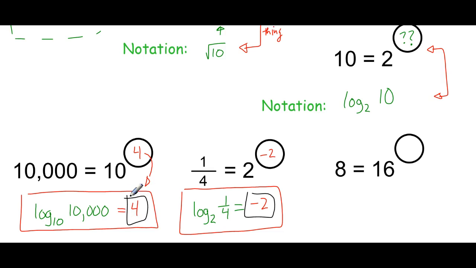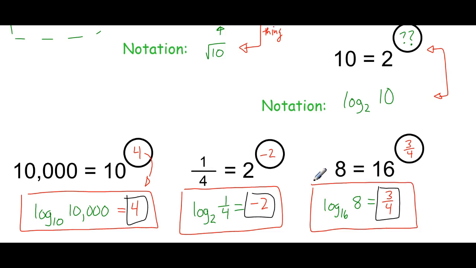And then let's try this last one over here. 16 is the base. 8 is the thing we're taking the logarithm of, and this one was tricky. The answer came out to be a fraction. It was 3/4. So log base 8 of 16, or log base 16 of 8, sorry, I said it backwards. Log base 16 of 8 comes out to be 3/4.